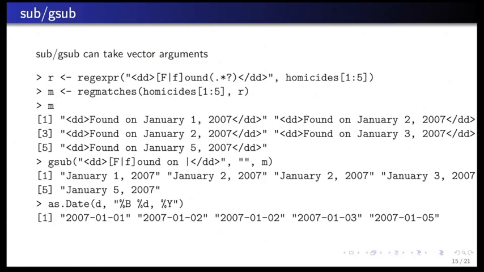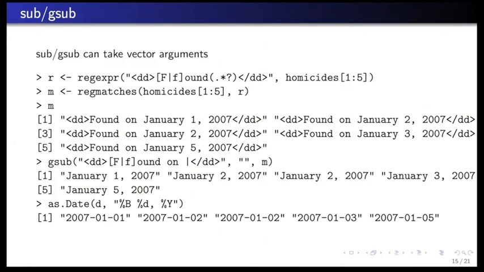I want to take all of these 5 different strings and strip out all the DD tags and the "found on" bits. So I can call gsub on this whole vector of strings, and it gives me the whole vector of dates here. So you don't have to operate on a single string at a time. You can give it a whole vector of strings.